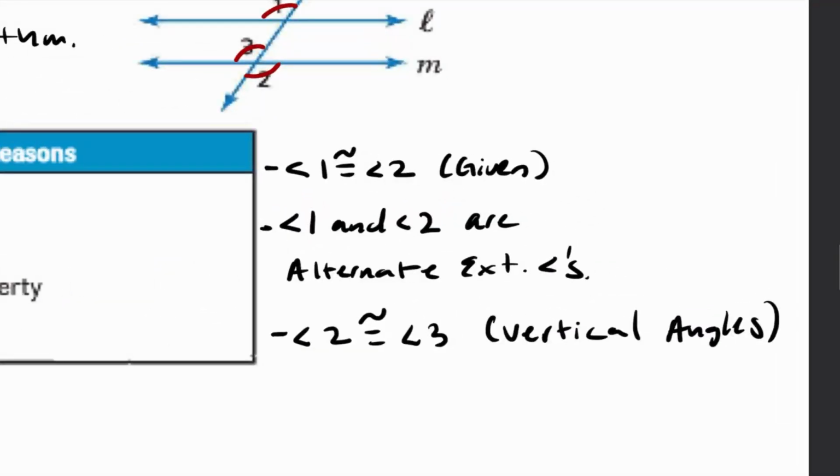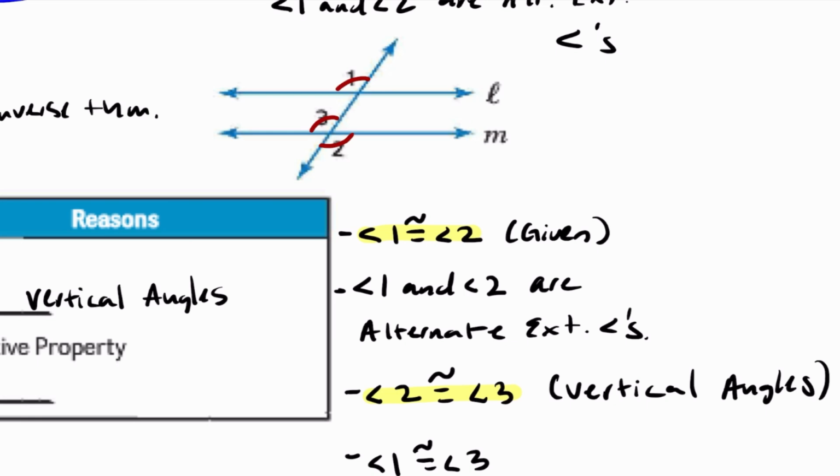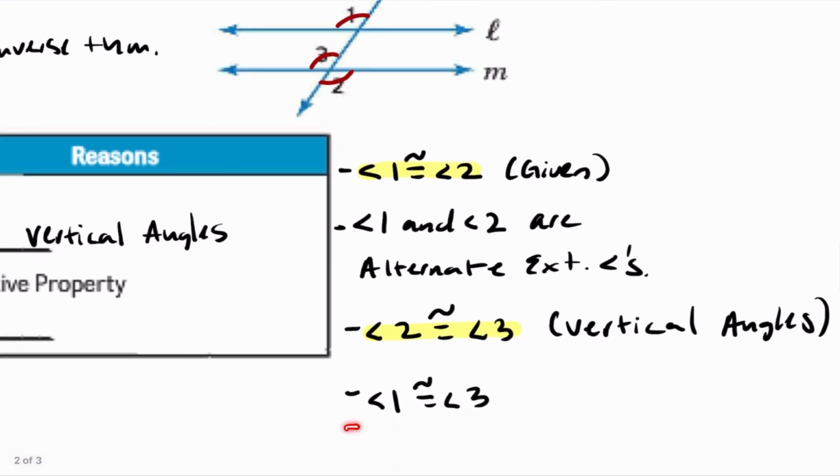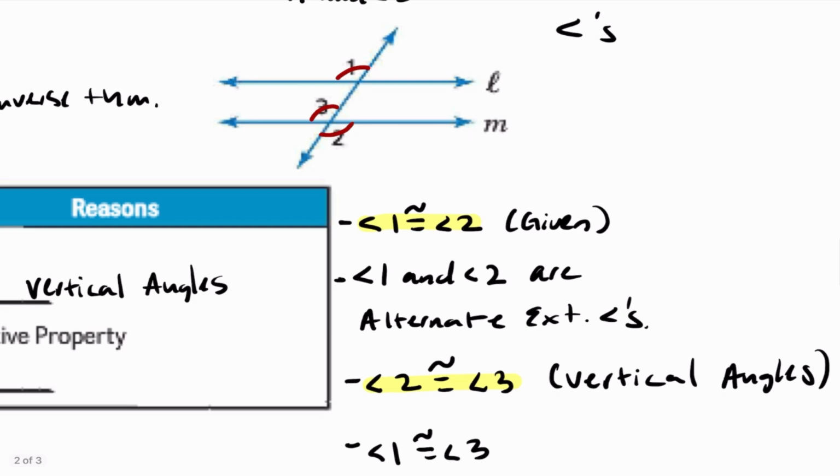So if I look at my notes here, angle 1 is congruent to angle 2, and angle 2 is congruent to angle 3. So the implication here is that angle 1 is congruent to angle 3. Here's angle 1, and here's angle 3.